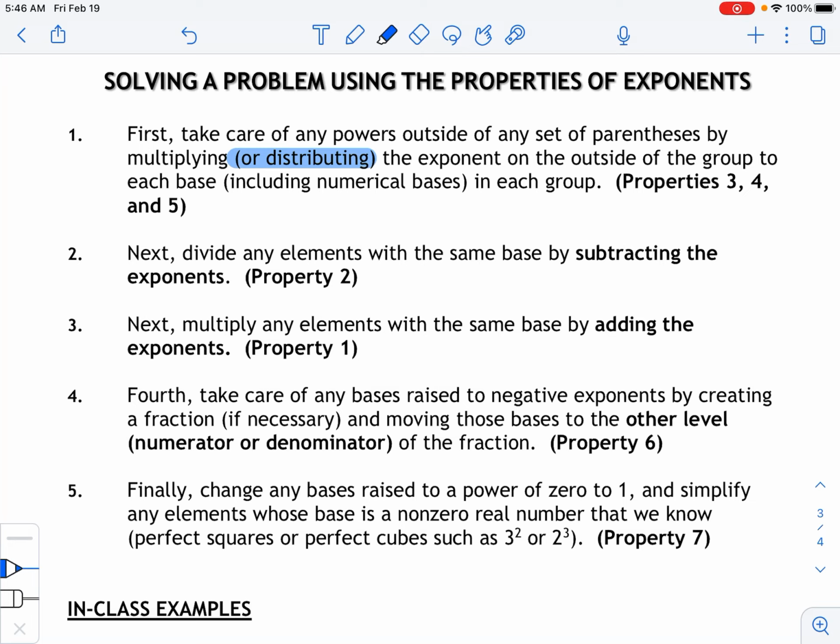Then on number 2, you divide your elements by subtracting the exponents. 3, multiply elements with the same base by adding the exponents. Then it's not until step 4 that we take care of negative exponents, okay? Negative exponents don't get taken care of until step 4. And the reason I put this as step 4 is because by doing steps 1, 2, and 3, and particularly 2 and 3 first, you might eliminate the need to even do step 4, because by adding and subtracting your exponents, you might eliminate them already, because they might add or subtract positive exponents.